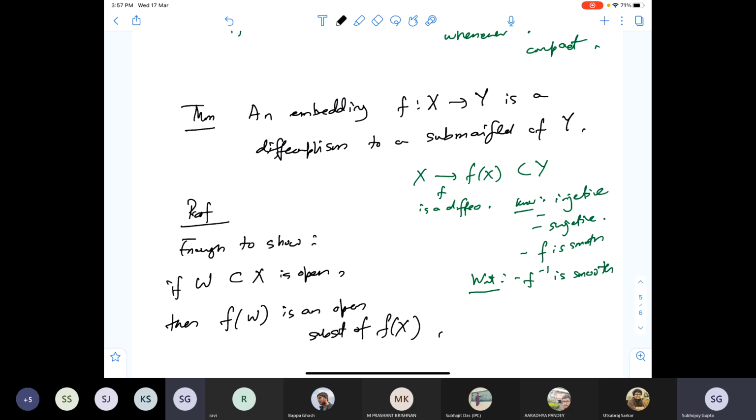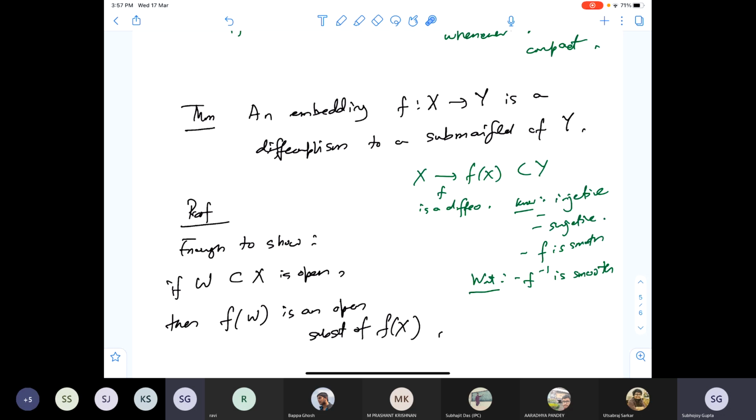But once you know that f of W is an open subset of f of X, then you can choose your local coordinates. In the local immersion theorem, you can choose your local coordinates to lie inside this f of W on the target, and inside this W in the domain. On those coordinate charts your map f looks like a canonical immersion, and so you would conclude that in this f of W, or the smaller neighborhood that you chose in there, your image will look like a slice.